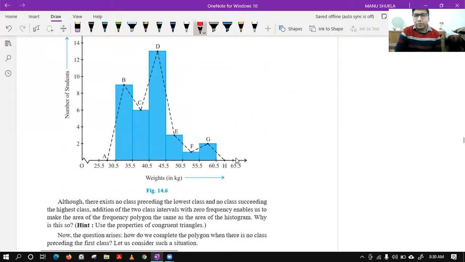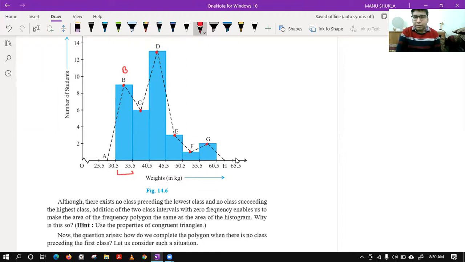Okay, so let's see how it works. In the same graph that you have obtained, what we do is we find the midpoints. So the first interval given to you was 30.5 to 35.5. You try to find the midpoint of that interval and you name it as B. Similarly, you find all the midpoints of these histograms, and after that you just join them.